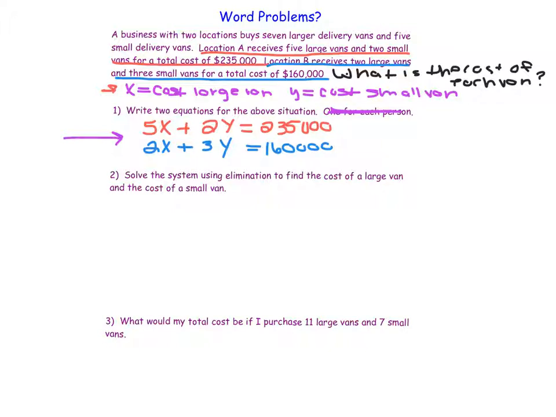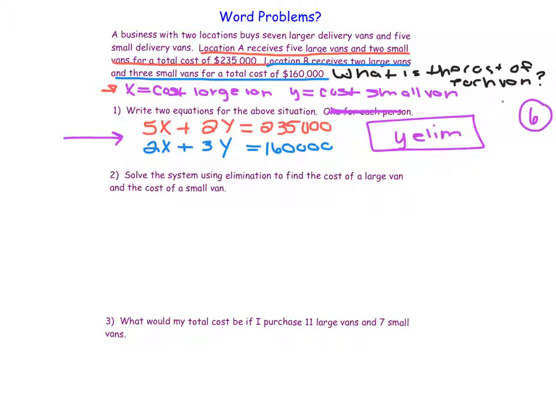So here we need to pick a variable that we want to eliminate, and I'm going to pick y. It doesn't matter which one you pick. Now remember, we need to think about what that common coefficient will be. It's like picking a common denominator, which in this case is going to be 6.